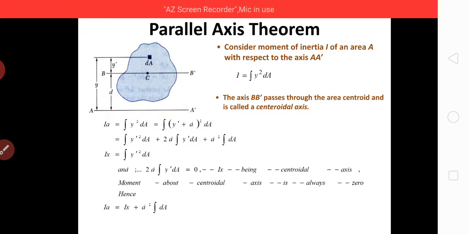Similarly, it can be applied for mass also. So Ia equal to Ix plus d square integral of dA.